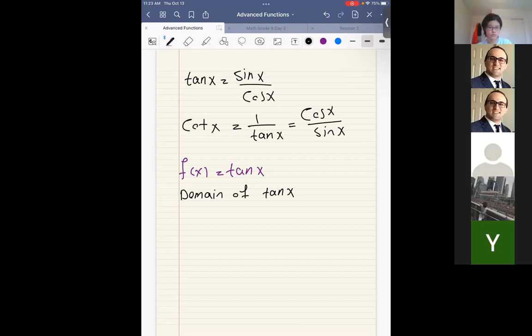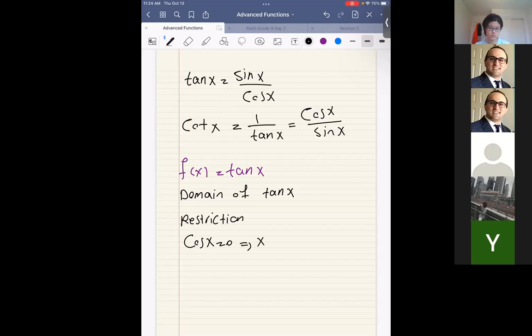No, at what point is cosine 0? So cosine of x equal to 0. That means 90 degrees.